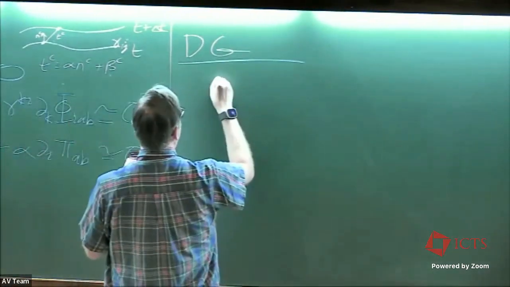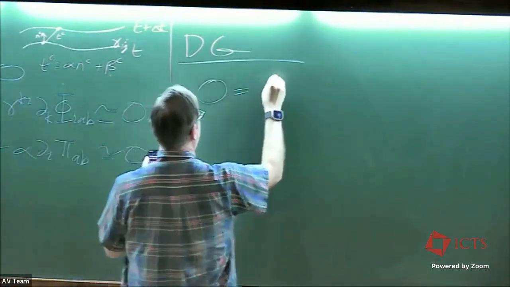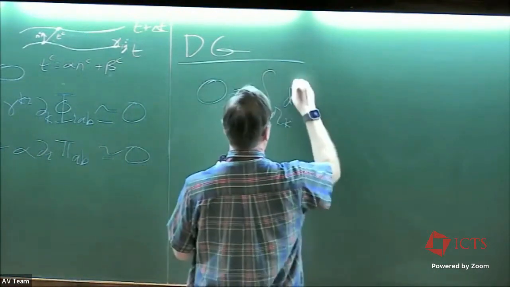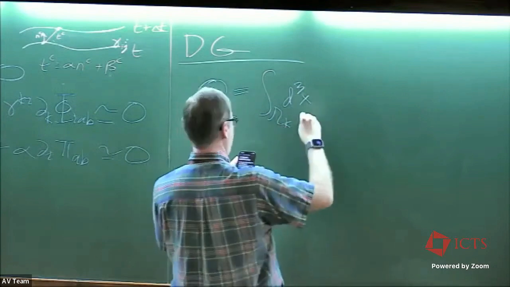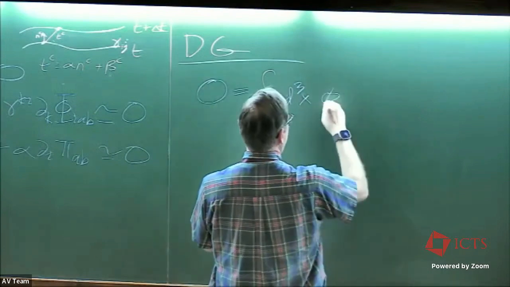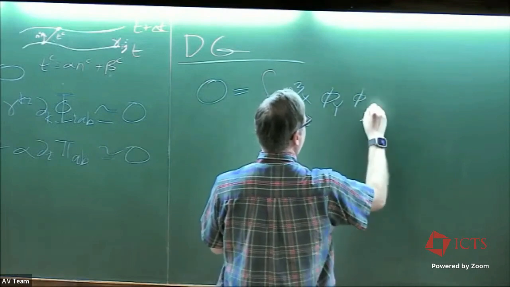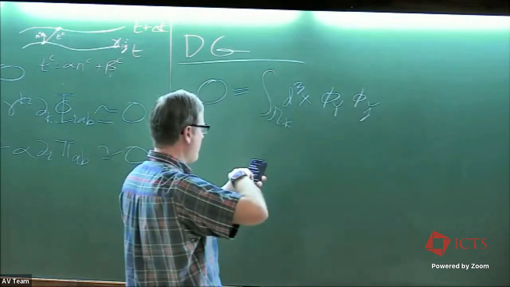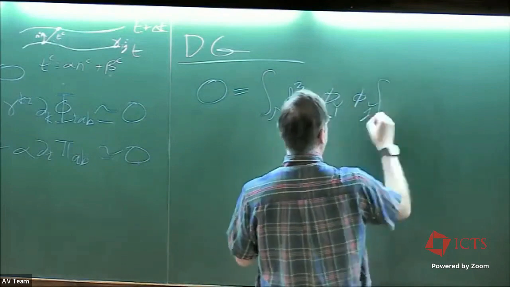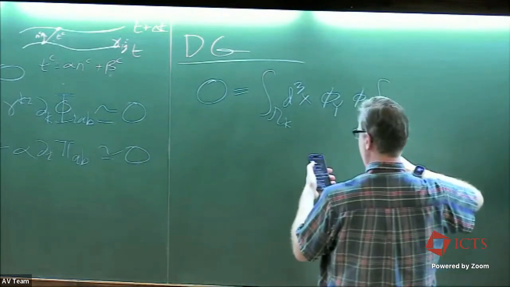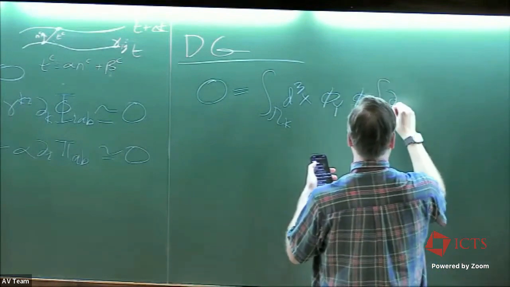We had 0 is equal to an integral over an element of the volume of that element, and I'm assuming that's 3D, times some basis functions, phi j breve and phi i breve, and those basis functions depend on space, and the stuff in the square brackets does not. So in the square brackets we have a time derivative.